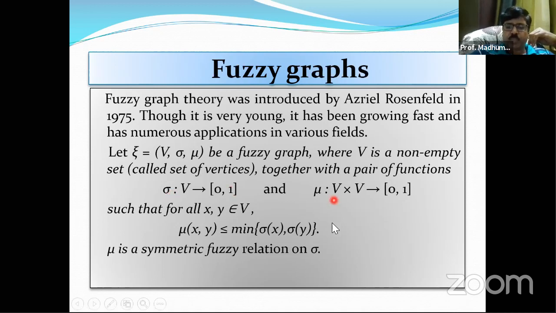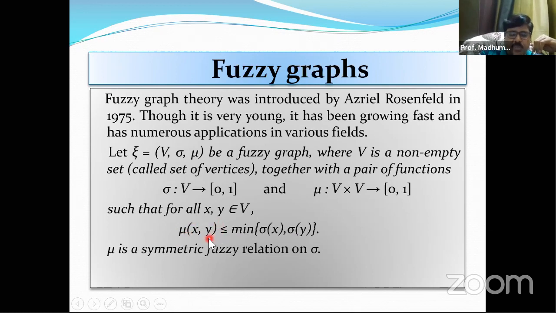And mu of xy, which is from V cross V, is the degree of membership value of a particular edge. Each membership value lies between 0 and 1. It is a positive quantity between 0 and 1, and this condition must be satisfied for a fuzzy graph.